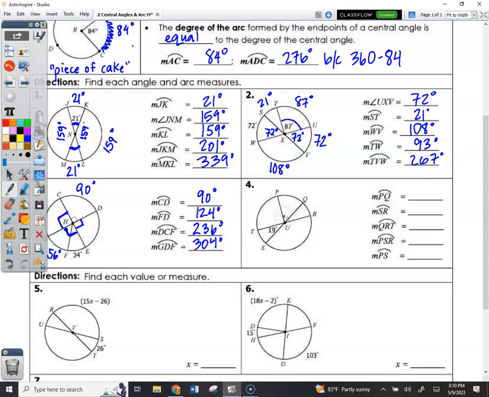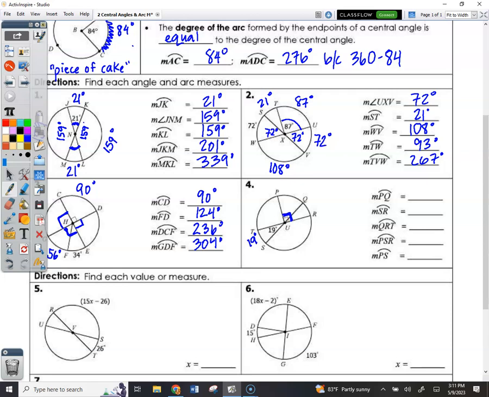Now this total over here is 90. This is 19 right here, so what's RTS? This is 90, this is 90, this is 19. You do have 2 diameters in here.